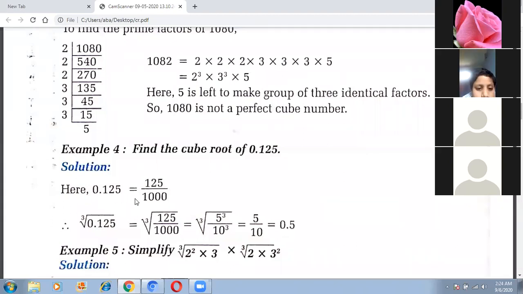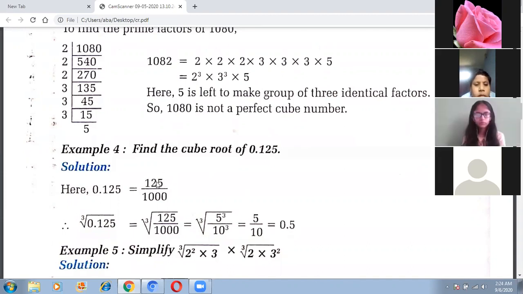Remove the decimal and write 1 in the denominator. Then after the decimal, how many digits? 3 digits. So you write 3 zeros at last. Now, what is the fraction of the decimal number 0.125? 125 by 1000. Now you find the cube root of this fraction.